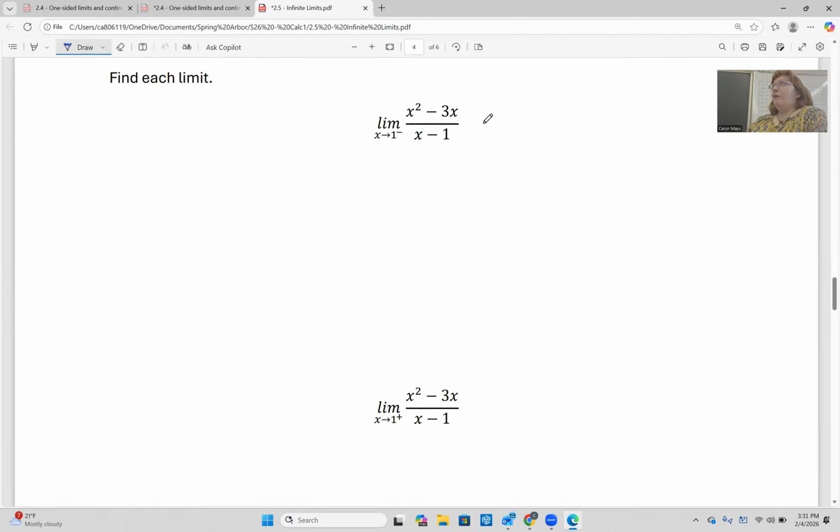What's the limit of the top one? Positive infinity. The whole thing. When I say top one, I mean there's two on the screen. The top limit. Why positive infinity?